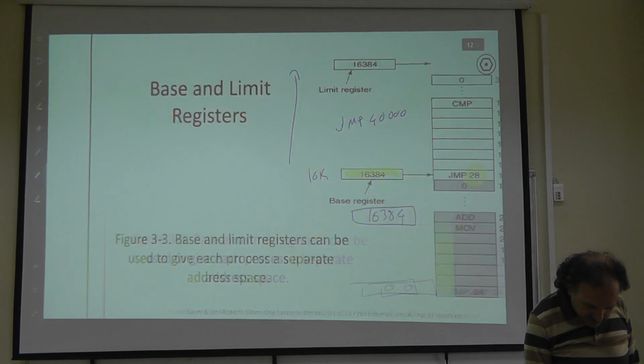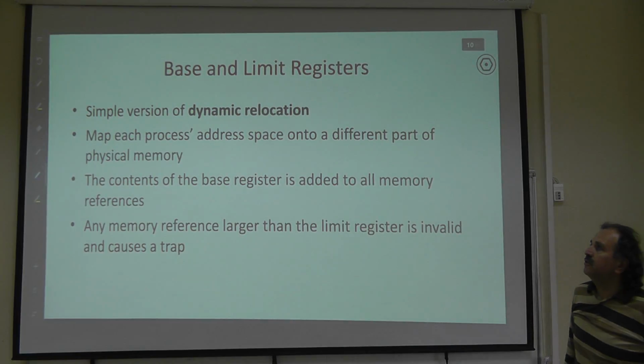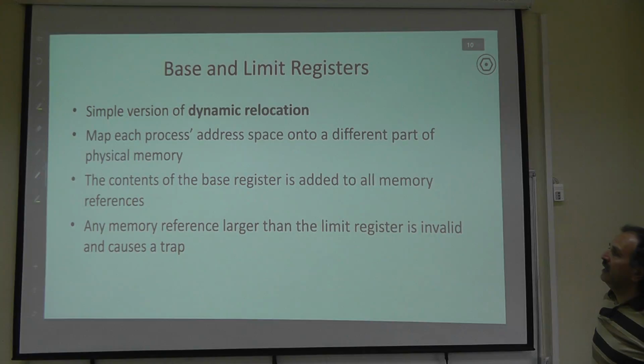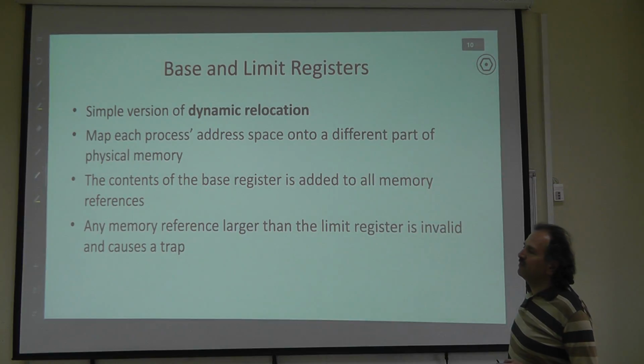Base and limit registers are good for dynamic relocation and map each process address space onto a different part of the physical memory. The process doesn't know what part of the physical memory it is using. The operating system gives you this help. The contents of the base register are added to all memory references.